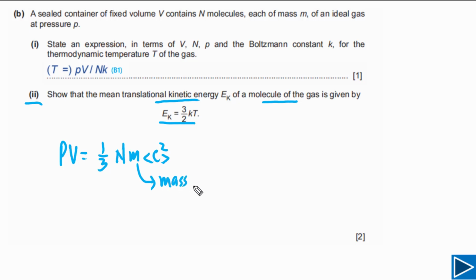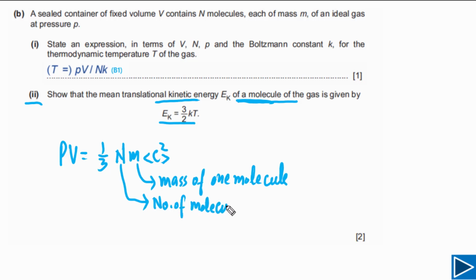So this is mass of 1 molecule. You have to be very clear about this. We are talking about kinetic energy of a molecule, meaning single molecule. N is the total number of molecules. So simply we can say N is number of molecules in the gas, number of molecules in a sample.